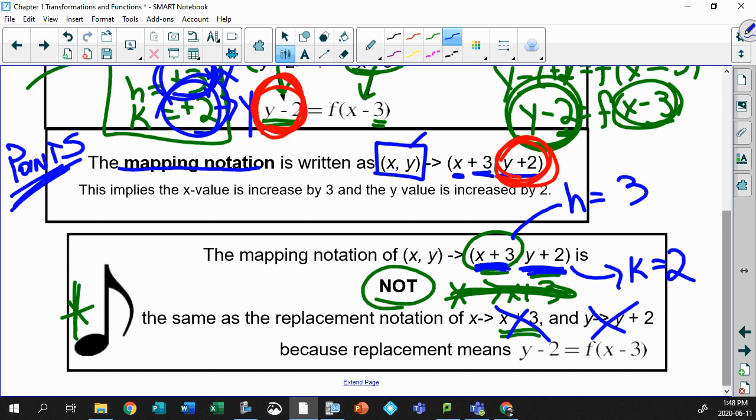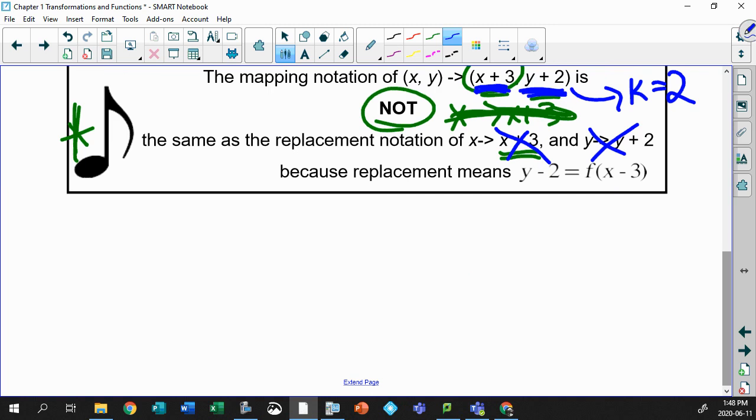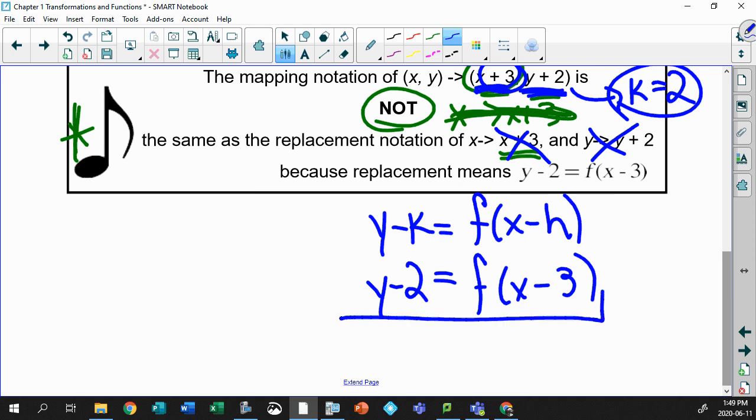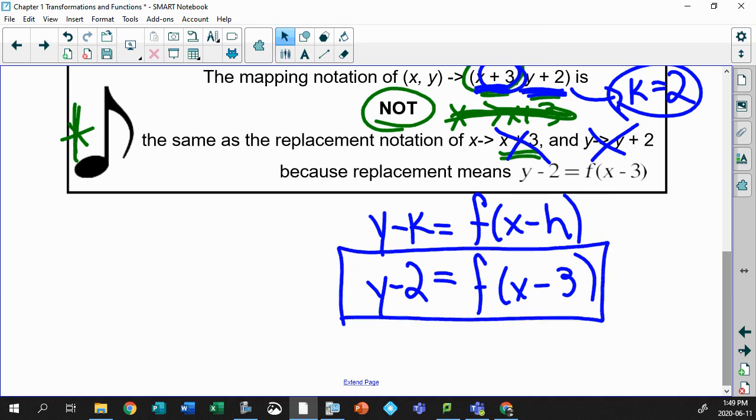What you do is you go, okay, with that, I'm going to look at the original equation, which is y minus k equals f of x minus h, and I'm going to put in the h value being 3, the k value being 2. There's my formula for the function. But what was the mapping?